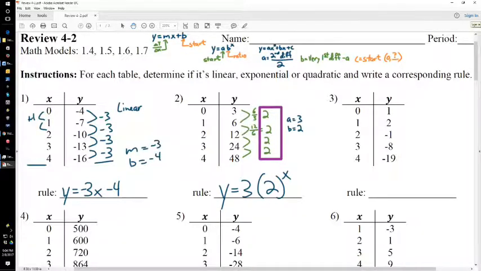Let's just start with differences. 2 minus 1 is 1. Negative 1 minus 2 is negative 3, actually. I'm sorry. Negative 8 minus negative 1, that's negative 7.